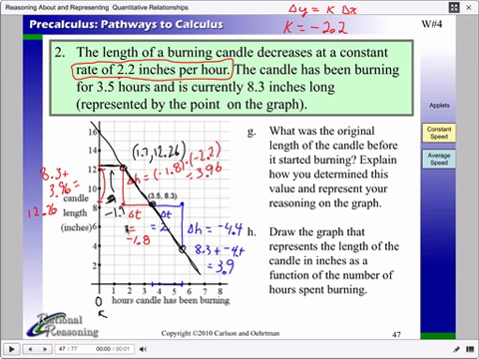And why multiply by negative 2.2? To get the original height, which is what we did to get to 1.7. Yeah, because what does 2.2 represent? Change in height every hour, and now we're going back in time how many hours? 1.7, so we want 1.7 times 2.2.